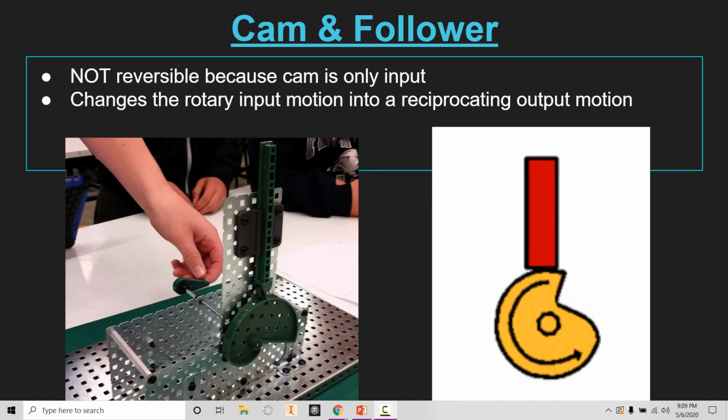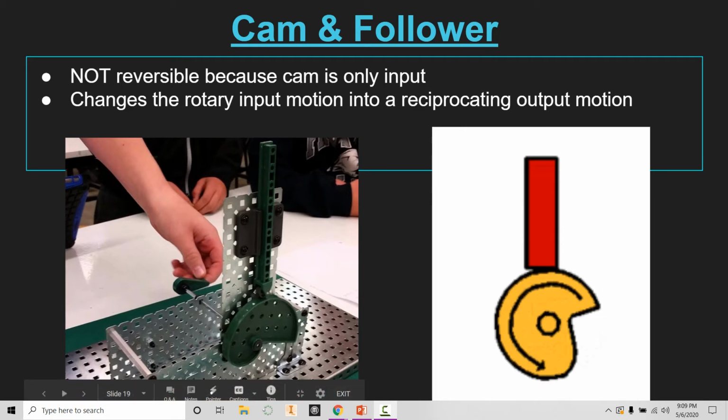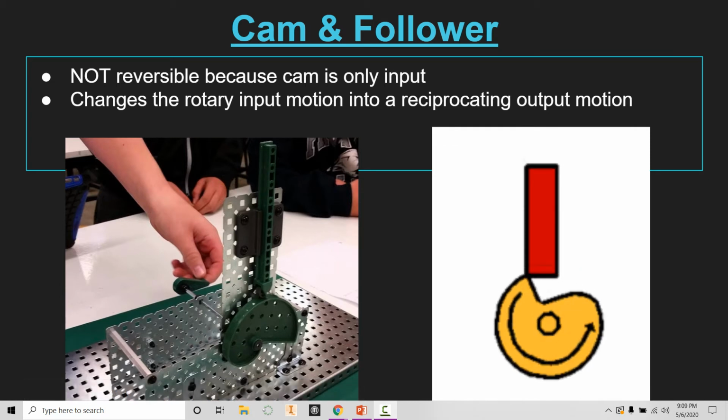But in this one, if you notice in the animated graphic, the arrow is following the direction that we're turning, and as that follower piece comes, it drops down into that little wedge. If we were to try to turn this the opposite direction, that straight edge would butt right up against our follower and it wouldn't allow us to turn it.